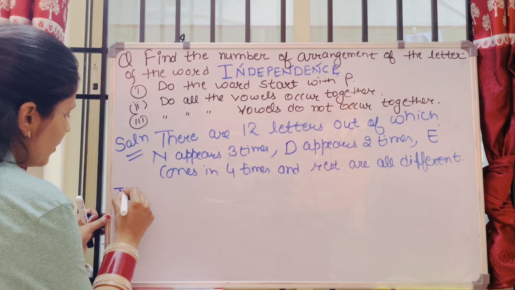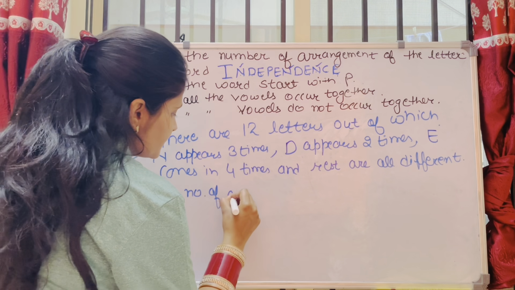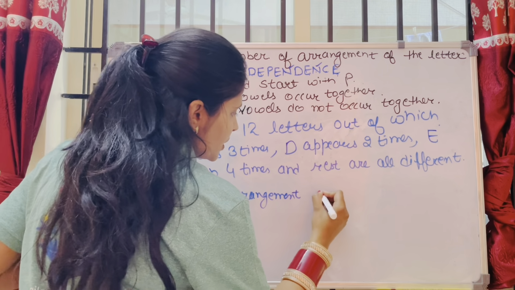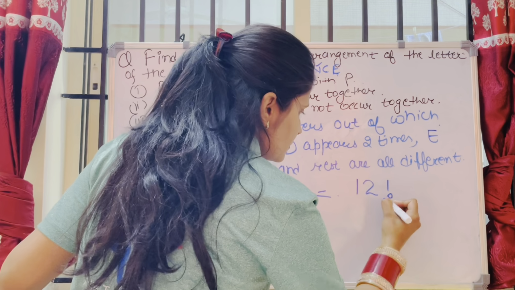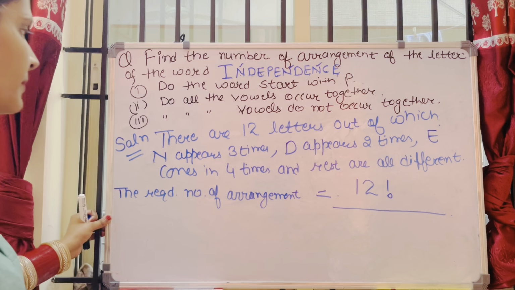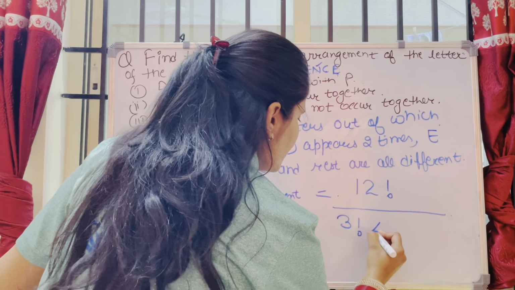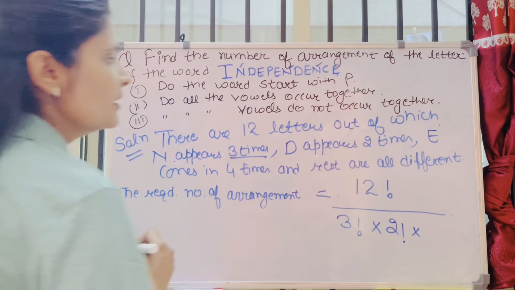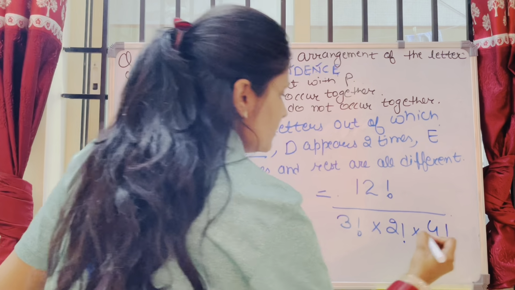So therefore the required number of arrangements is equal to 12 letters which we have to arrange, upon the repeated elements: N appears 3 times, that is 3 factorial, D appears 2 times, 2 factorial, E comes 4 factorial. Here we write only the repeated elements.